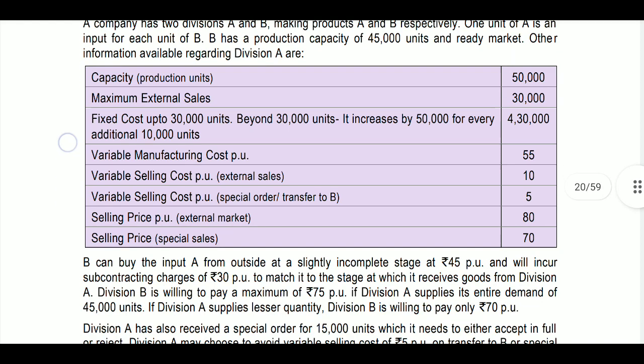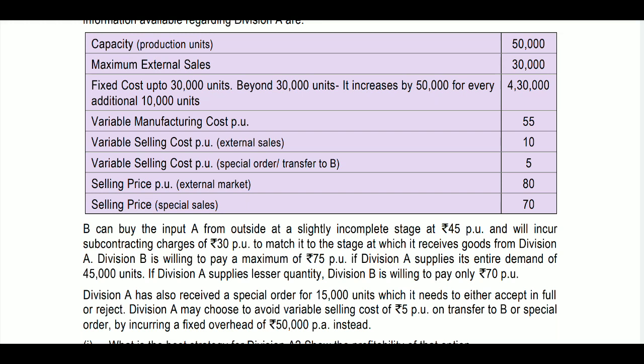Next, B can buy the input A from outside at a slightly incomplete stage at 45 rupees, and will incur subcontracting charges of 30 rupees per unit. So it purchases at 45 and incurs 30 rupees, that is 75 rupees.